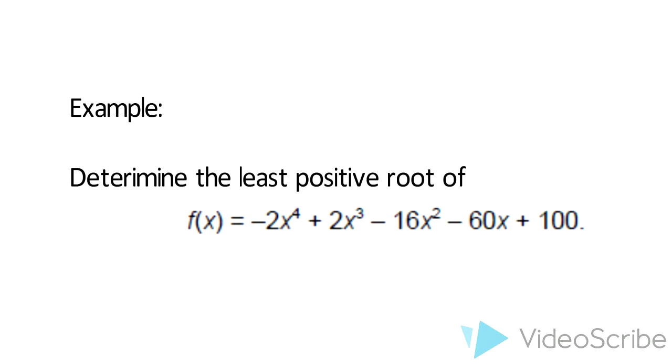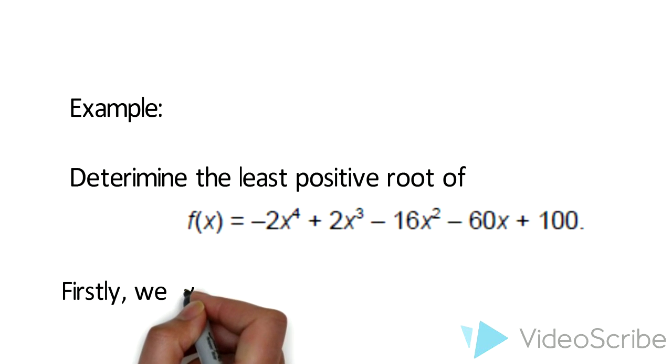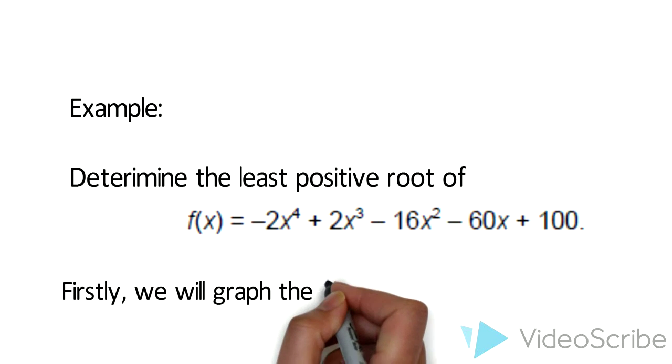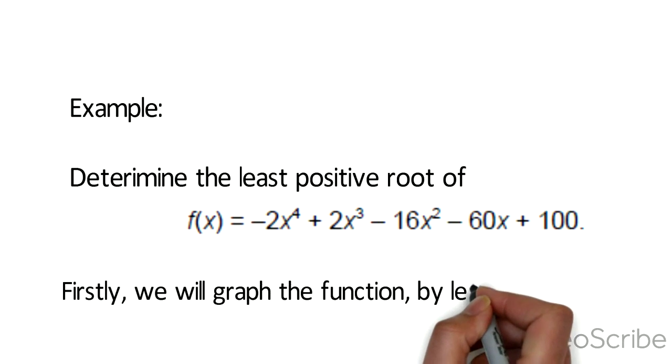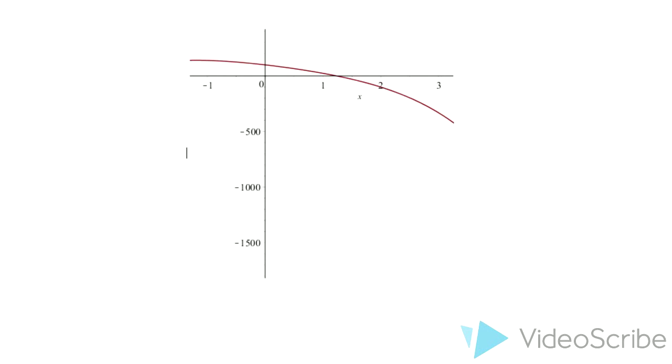For this example, we have to determine the least positive root of this function, f of x, presented here. Firstly, let's have a look at the function visually. To plot the function, we just let f of x equal 0. Here I've used Maple to plot the graph.